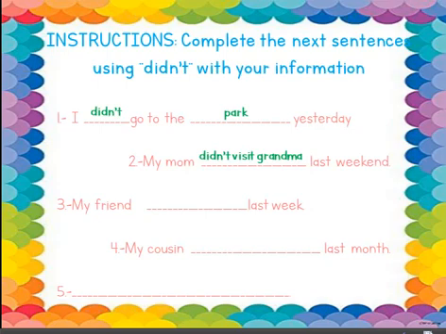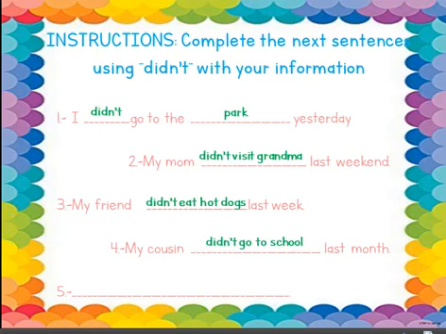Number three, my friend didn't eat hot dogs last week. Once again, remember didn't and the verb in simple form are obligatory. Number four, my cousin didn't go to school last month.